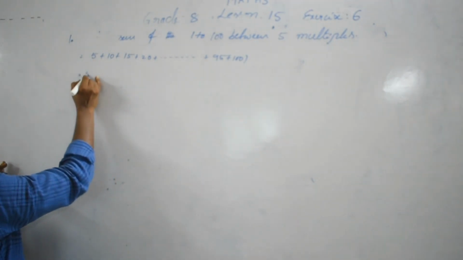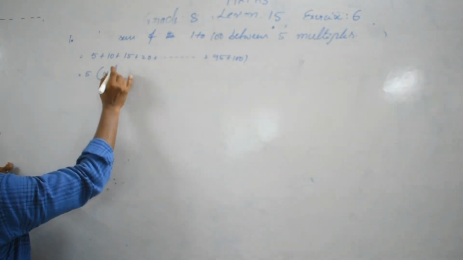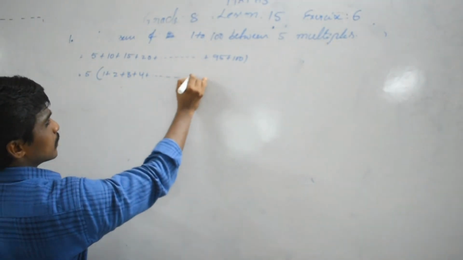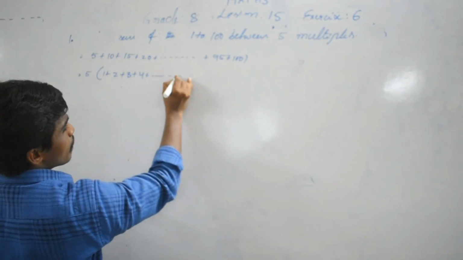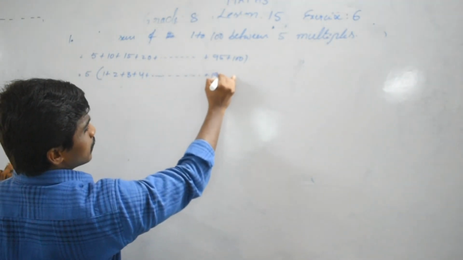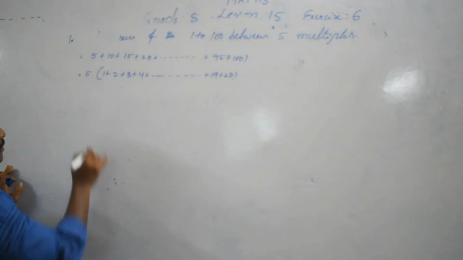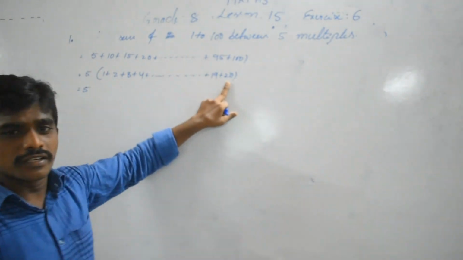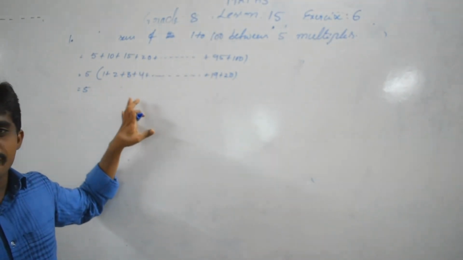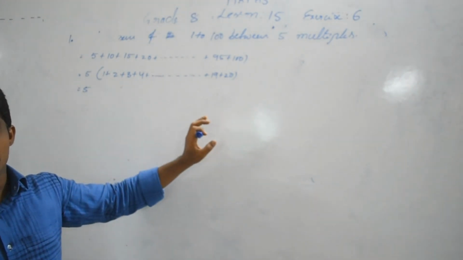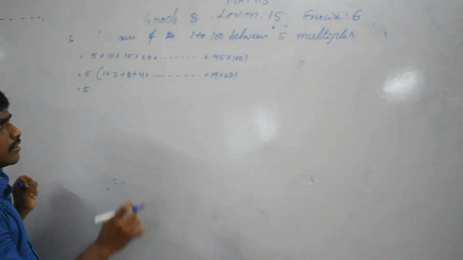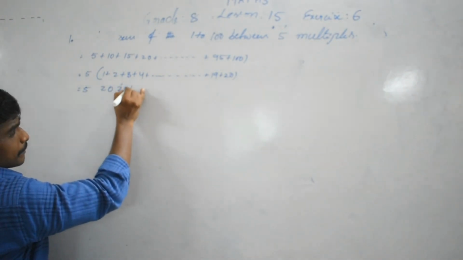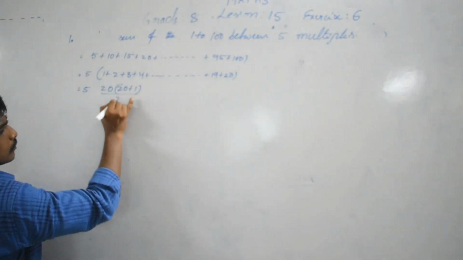Here common 5. 1 plus 2, 3, 4, up to 19, 20. So here 5 we cross out. So here the sum of the 1 to 20 consecutive natural numbers. So formula: 20 cross 20 plus 1 by 2.